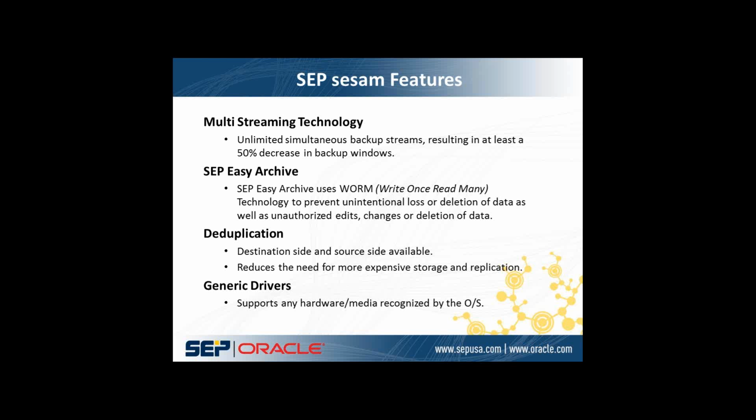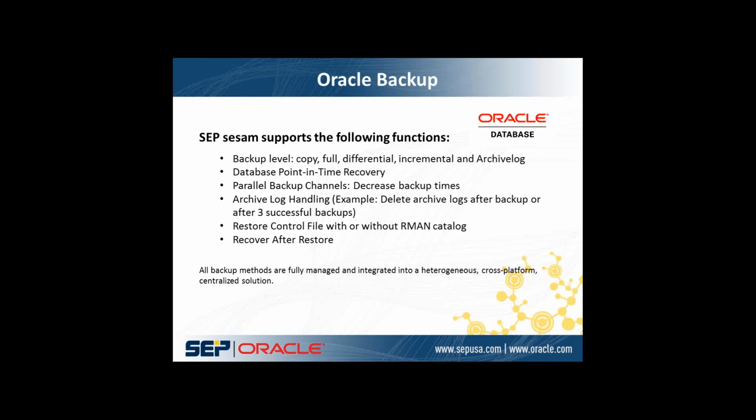We have archive log handling, and just an example of that is you could delete archive logs after a backup, or you could do it after 3 successful backups, or you can really configure that however you'd like. We have restore control with or without RMAN catalog, and we can recover after a restore. So all of these backup methods are fully managed and integrated once again into a central management console.